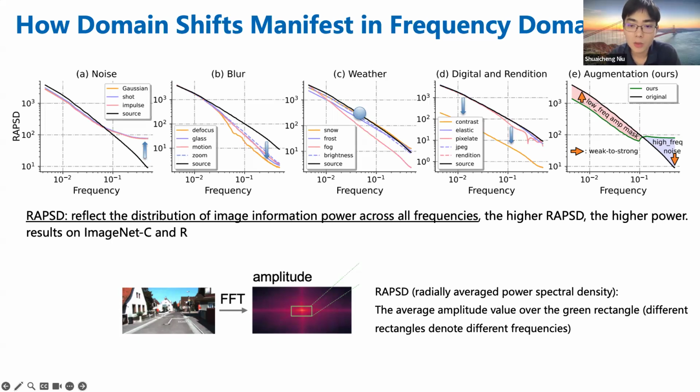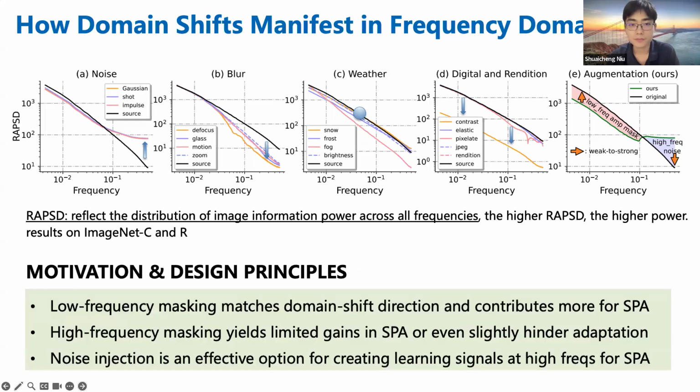And we plot the RAPSD curves of images from different corruptions of ImageNet-C and ImageNet-Rendition. From the figures, we found that the domain shifts in the frequency domain can generally be categorized into the following groups: high frequency increase, such as noise corruptions; high frequency degradation, such as blur corruptions; low frequency degradation, like the contrast corruption; and also some minimal changes.